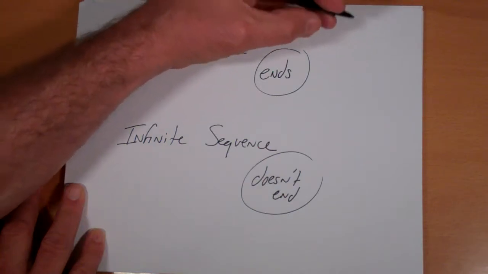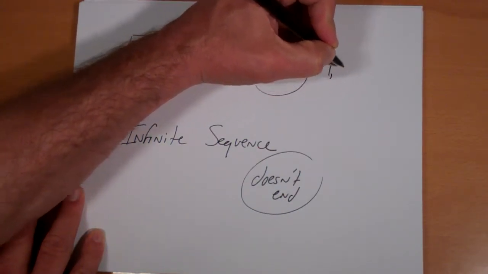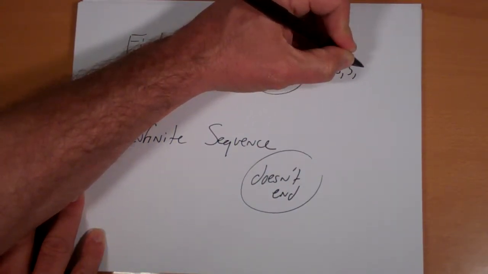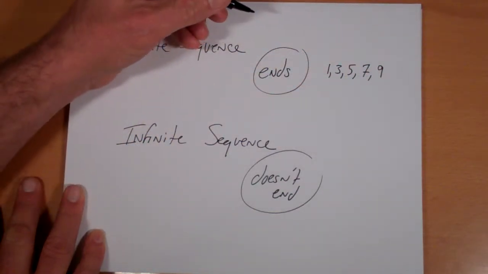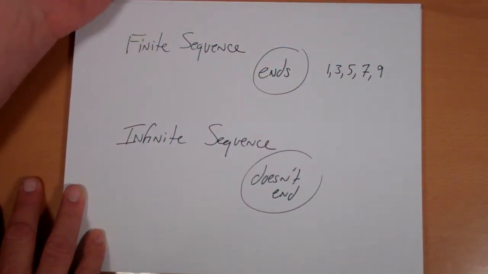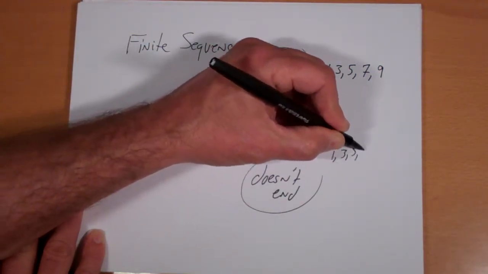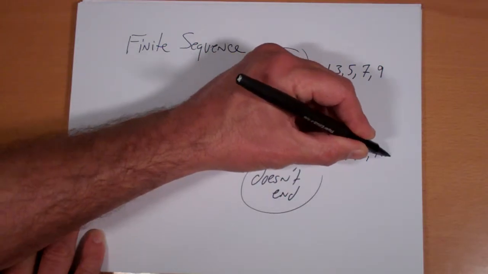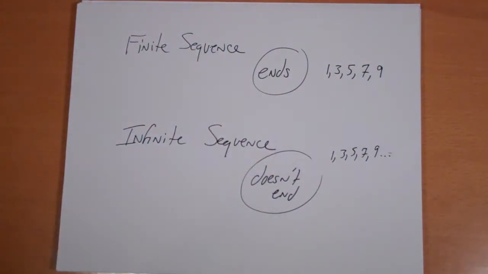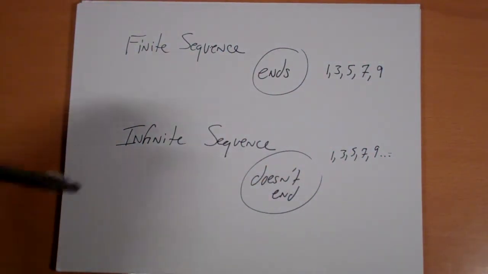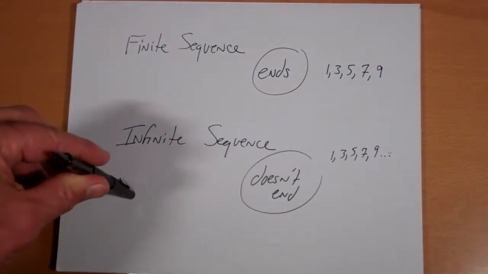So for example, you could have a finite sequence 1, 3, 5, 7, 9. If it stops right there, then it's a finite sequence. If it goes 1, 3, 5, 7, 9, dot, dot, dot, that implies that it goes on forever. And since it goes on forever, it's infinite.